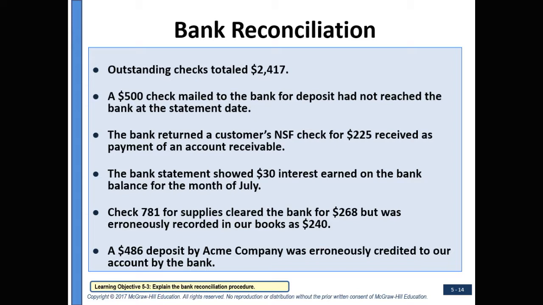The bank statement showed $30 in interest earned on the bank balance for the month of July. Check number 781 for supplies cleared the bank for $268, but was erroneously recorded in our books as $240. And a $468 deposit by Acme Company was erroneously credited to our account by the bank.